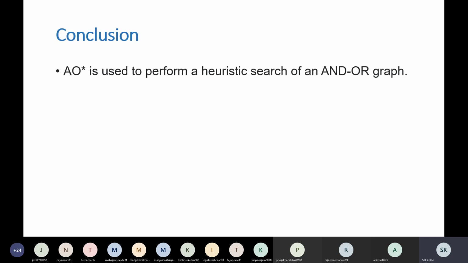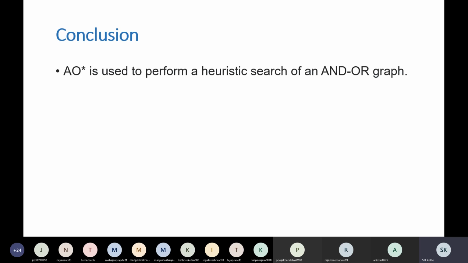If it is a difficult node, then label it as unsolvable. If that node is unsolvable, there might be a case where the parent node will become unsolvable, so you carry out labeling accordingly. So these two modifications are important in your previous algorithm. So this completes our discussion on the AO star algorithm.